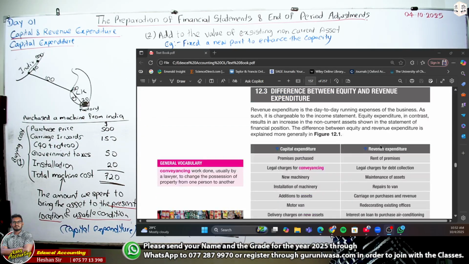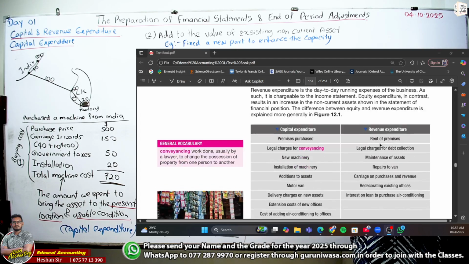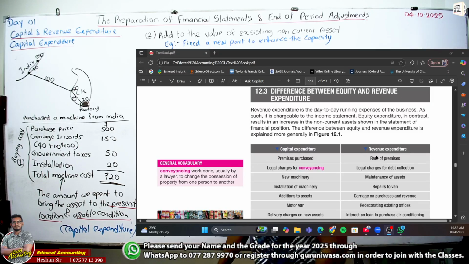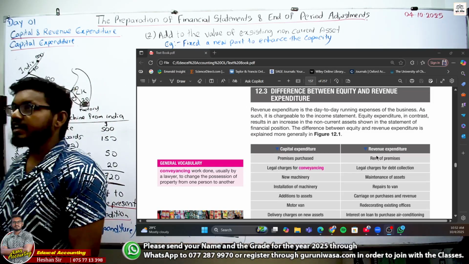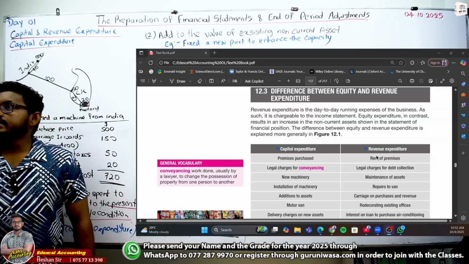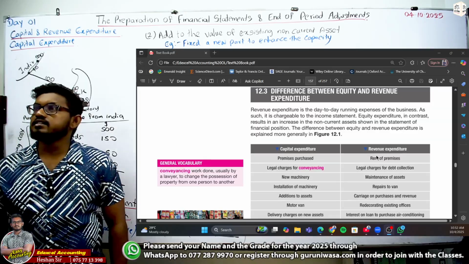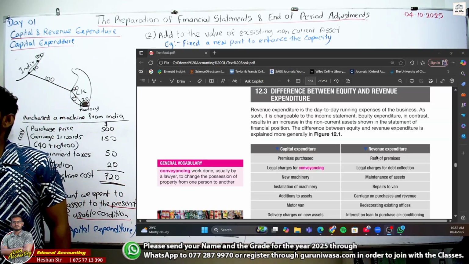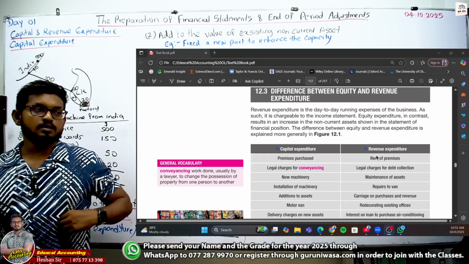The difference between revenue and capital expenditure, right? You can see revenue expenditure is the day-to-day running expenditure of the business. As such, it is chargeable to the income statement. Capital expenditure, in contrast, results in the increase in the non-current assets shown in the statement of financial position.